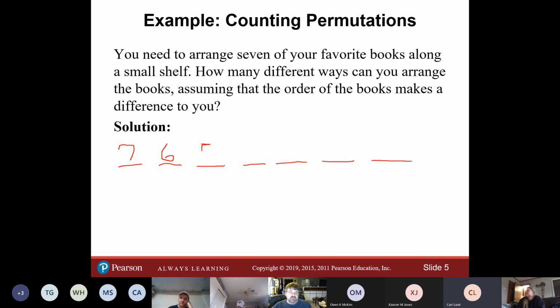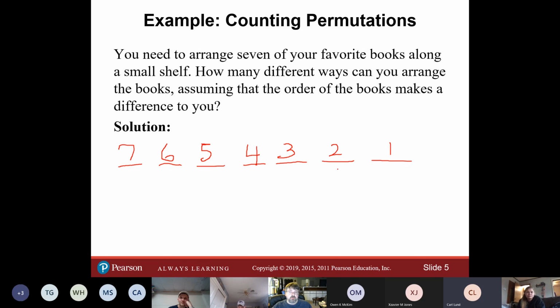That means for each spot on my bookshelf, I have 1 less choice than I did for the slot before. So I have 7 possibilities for the first slot on the bookshelf. I only have 6 now for the second, 5 for the third, 4 for the fourth, 3 for the fifth, 2 for the sixth, and 1 for the seventh.